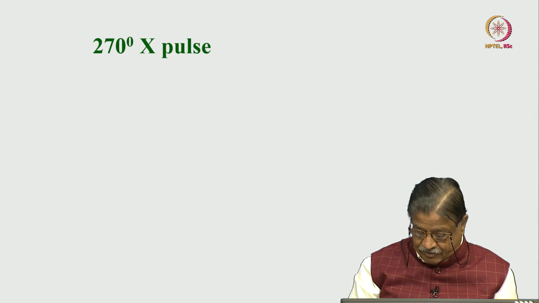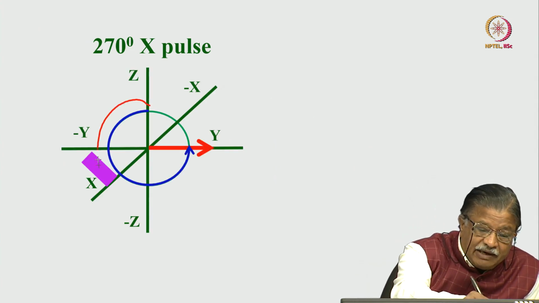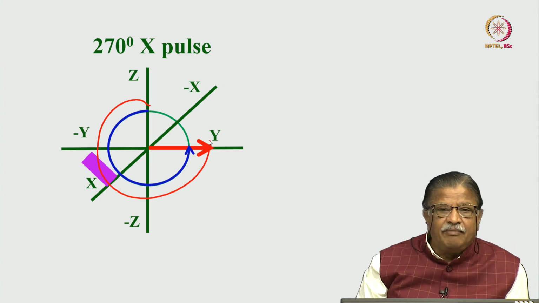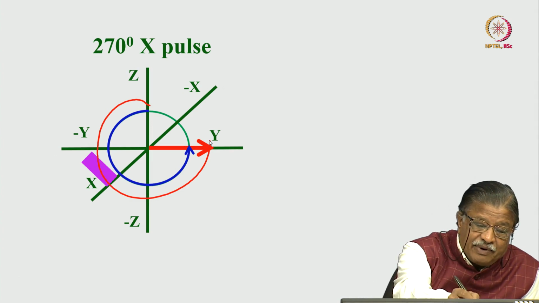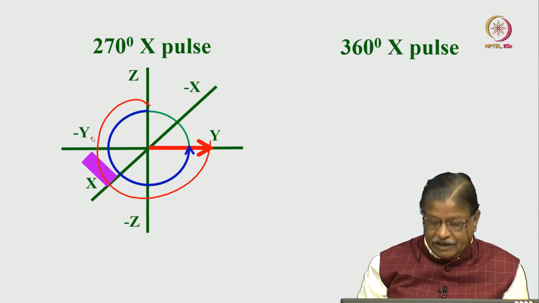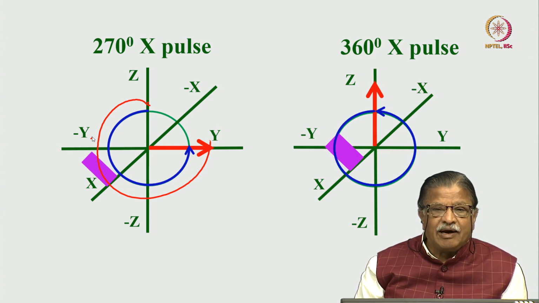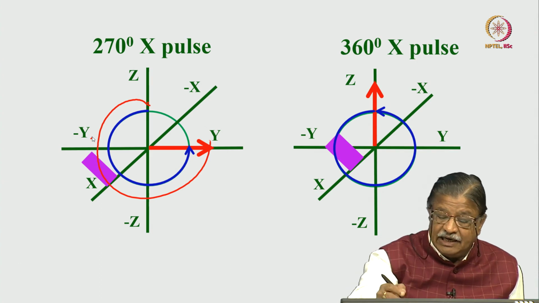Now, I increase the power of the pulse such that I can take the magnetization completely on rotation like this. From the z axis I can rotate by 270 degrees, from plus z it comes to minus y, then minus z, and then to plus y, and then apply a 360 pulse, it will completely go one round, one rotation like this. See the beauty of it, and this is what happens.